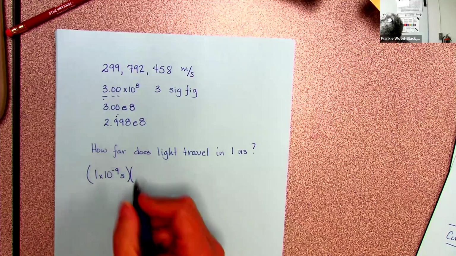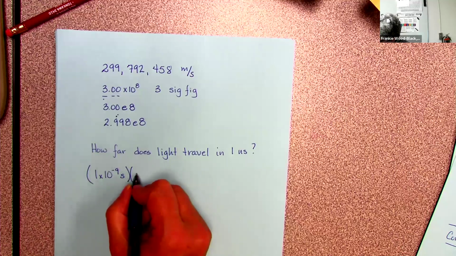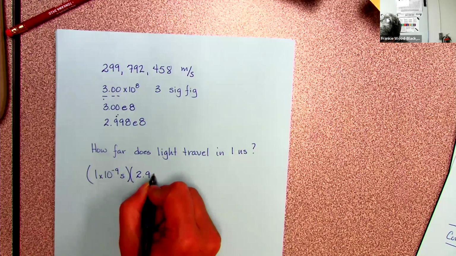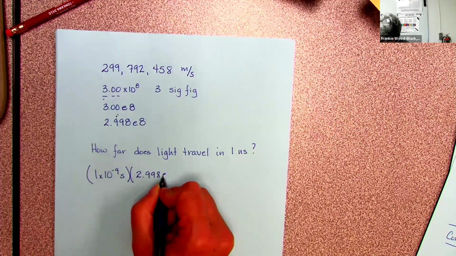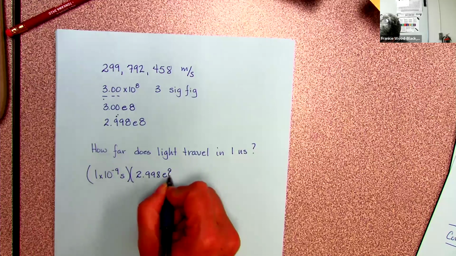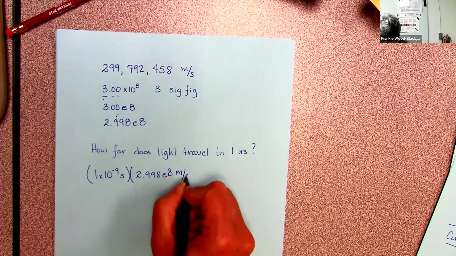We're going to multiply that times 2.998 E to the 8 meters per second.